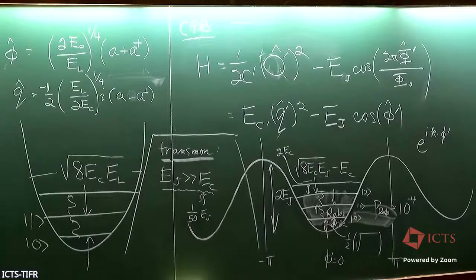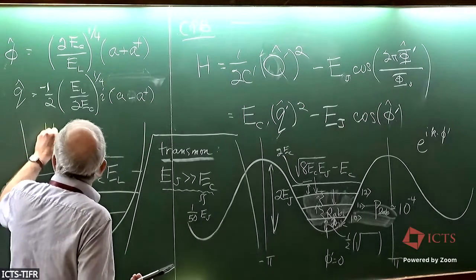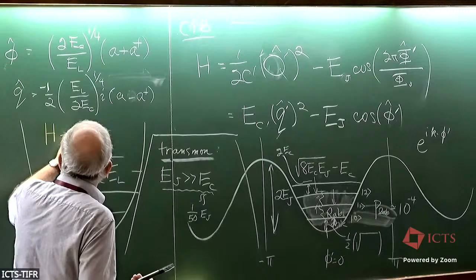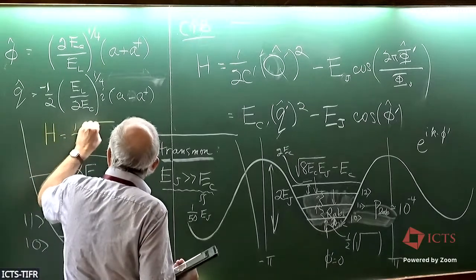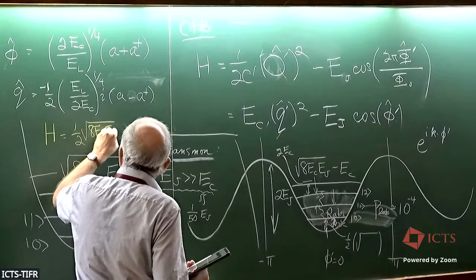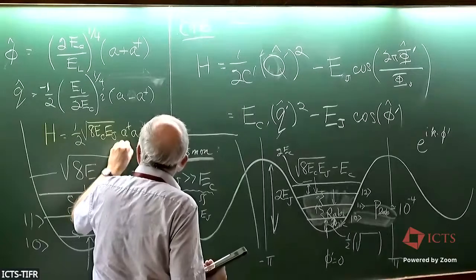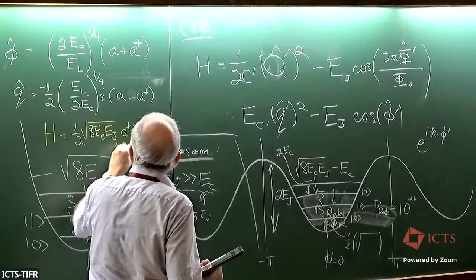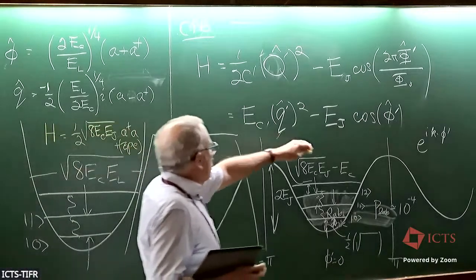Of course, I didn't write the final equation here, but the Hamiltonian of the harmonic oscillator is just 1/2, again, square root of 8 EC A dagger A, plus zero-point energy. So just this simple number operator, fine. So it's, of course, not the case that this will go so simply.